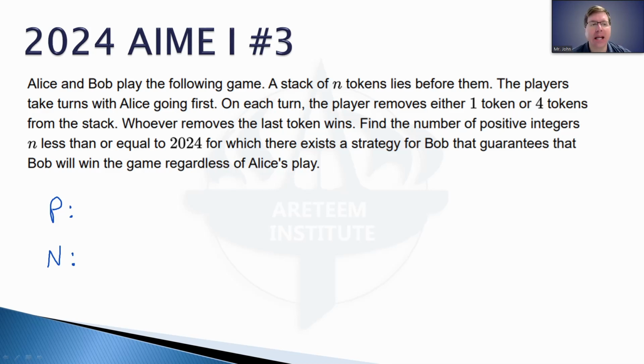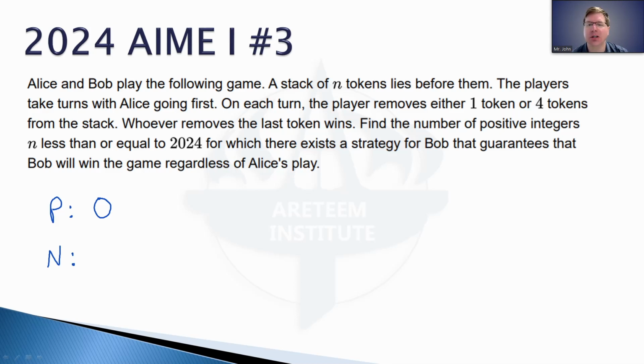Well, the first P position is, when you remove the last token, you win. So that position is a 0. If you can get to 0, then you have won the game. That's the previous person. I take the last thing, game's over. The previous person to move, that's me, I won. Well, remember our rule from the previous slide: whenever you can go to a P position, that's good.